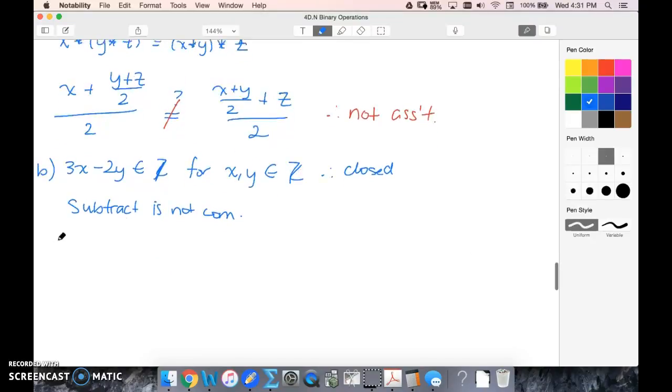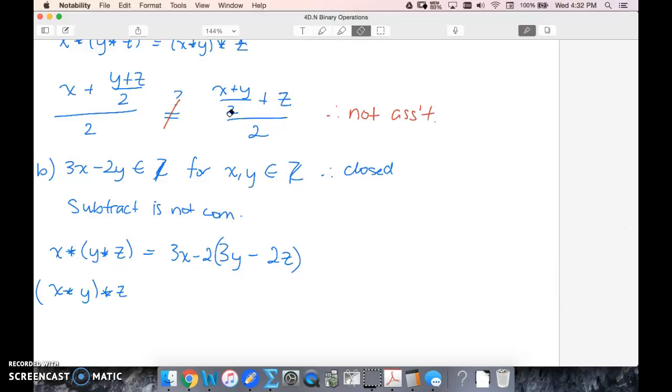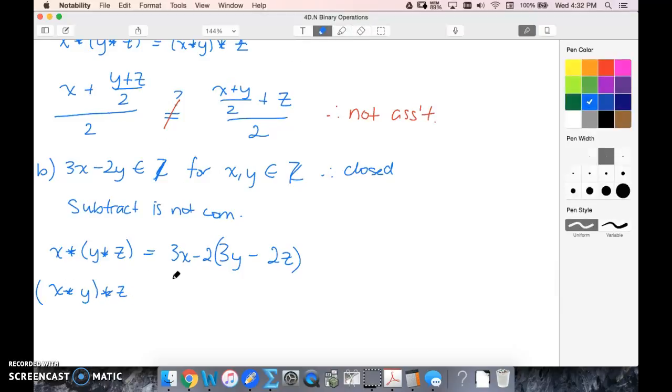All right, let's look at x star (y star z). Let's start with the y star z. That's going to make 3y minus 2z. Now this is going to be my new y element, so I'm going to have 3x minus 2 times that quantity. For (x star y) star z, all of this is going to be my x value.